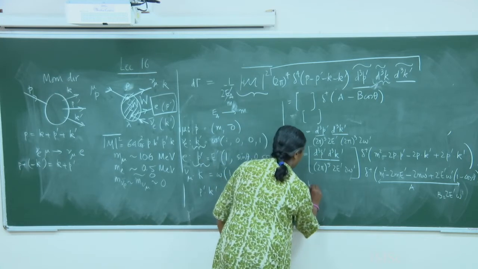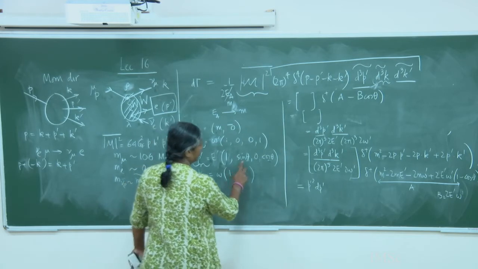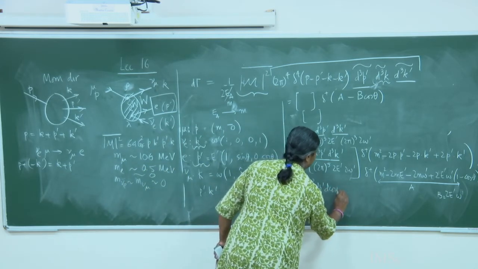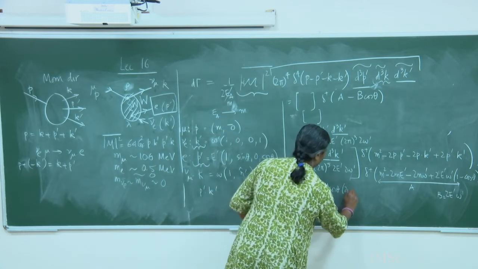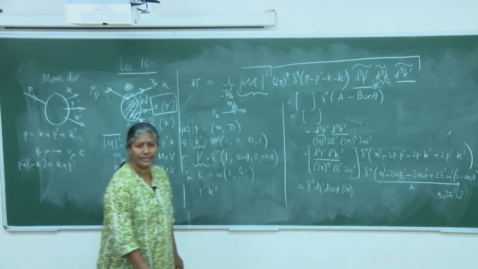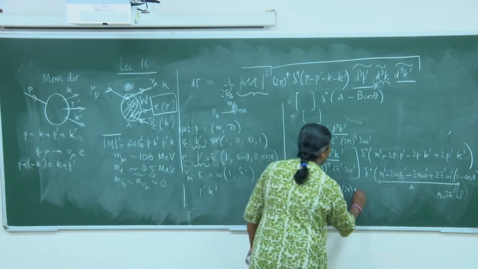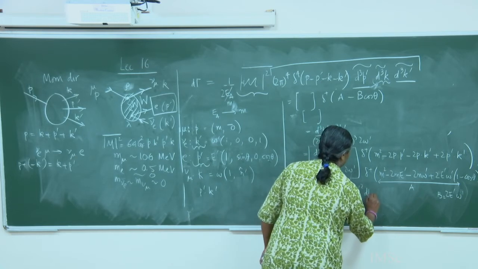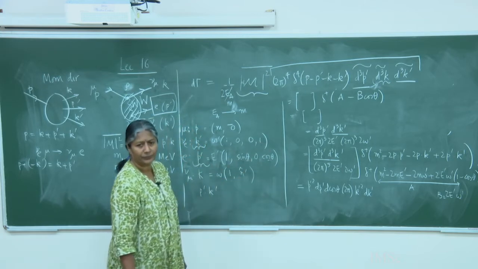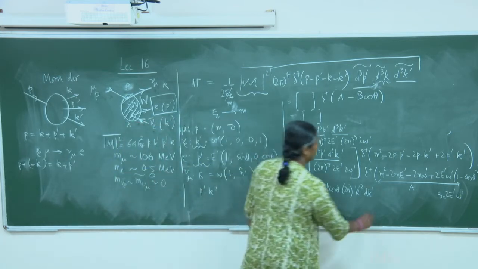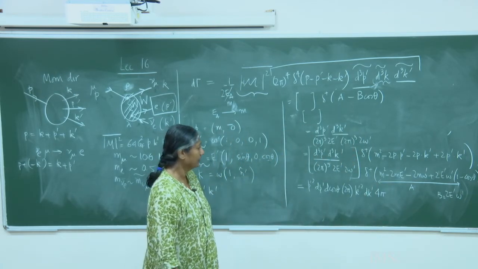So it will be p′² d cos θ, and there is no φ dependence, so it will integrate out to 2π. What about d³k′? It will be k′². Now k′ has neither θ nor φ, so the dΩ integration simply gives you 4π. Is this clear?